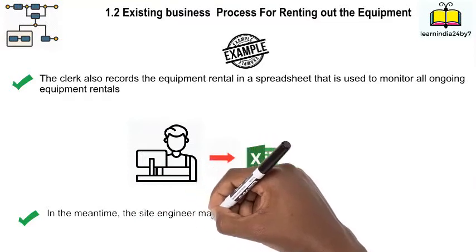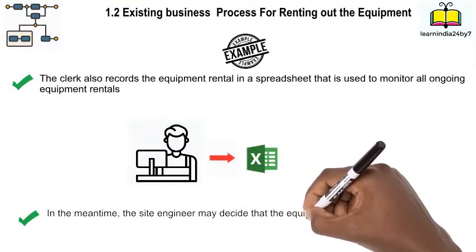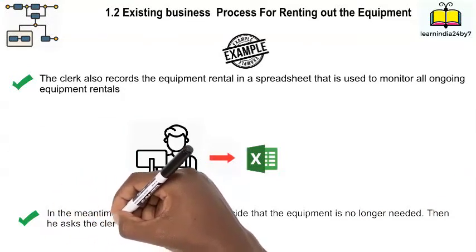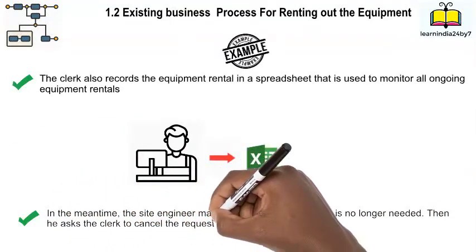In the meantime, the site engineer may decide that the equipment is no longer needed. Then he asks the clerk to cancel the request.